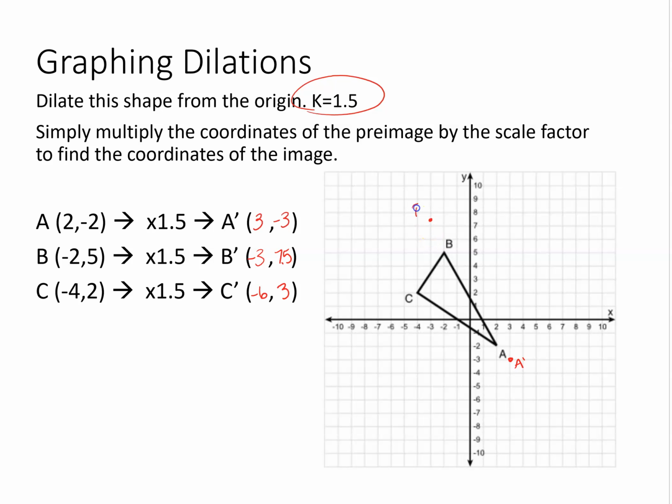So this becomes B prime. -6, 3 becomes C prime. So now what we've done is made this figure 1.5 times larger, and each point is also 1.5 times further from the origin than it originally was.